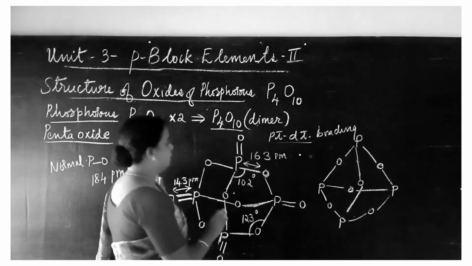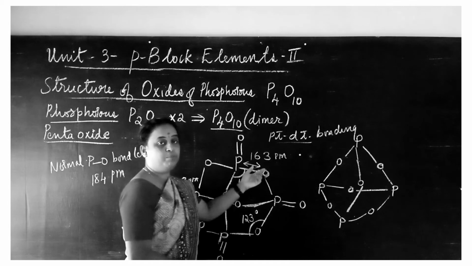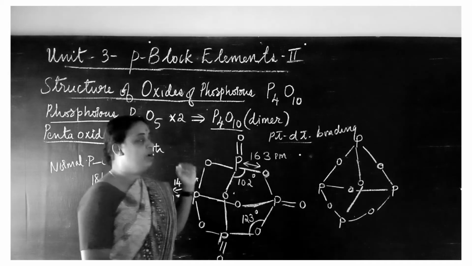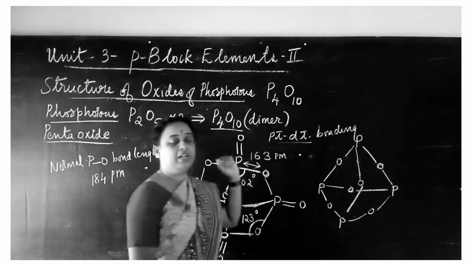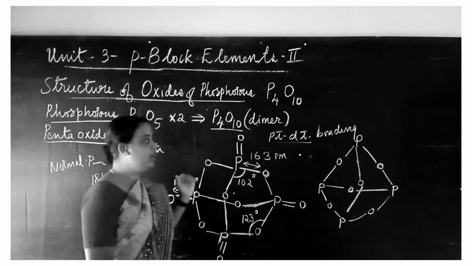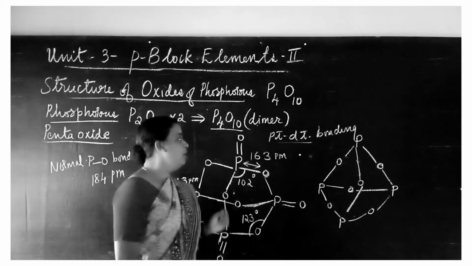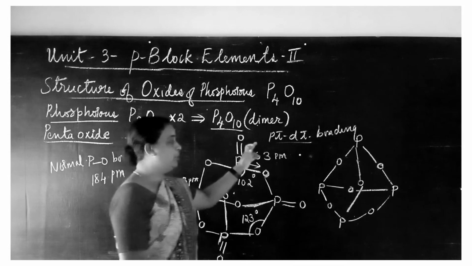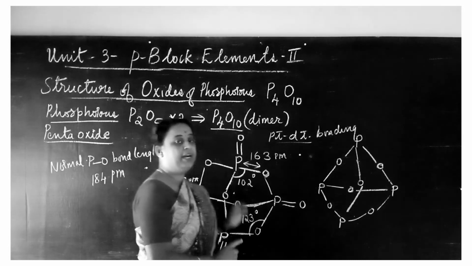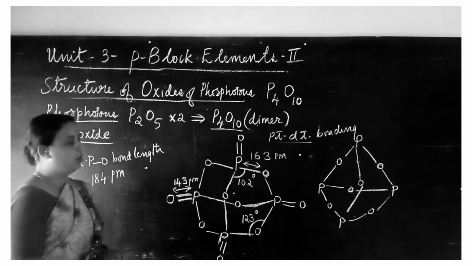Okay, so in phosphorus pentaoxide, the phosphorus oxygen bond length is 163. Yes, so this is due to P pi D pi bonding existing in this P4O10. Okay, so here the empty d orbital of the phosphorus and the p orbital of the oxygen undergo overlapping, and as a result P pi D pi bonding is formed in phosphorus pentaoxide.